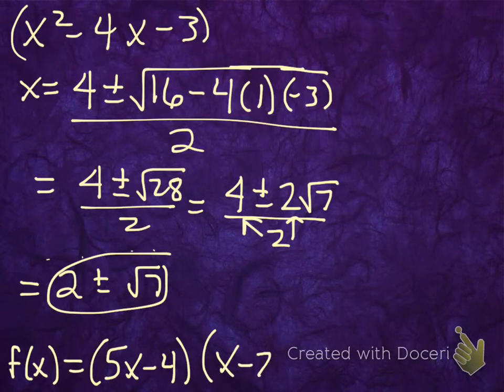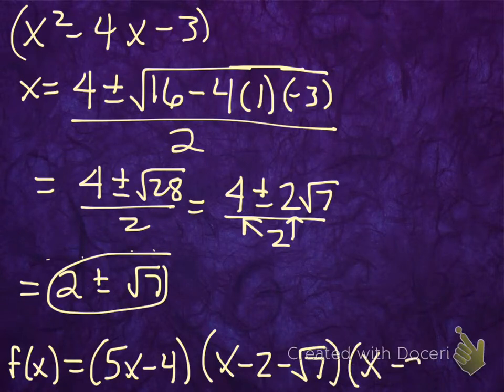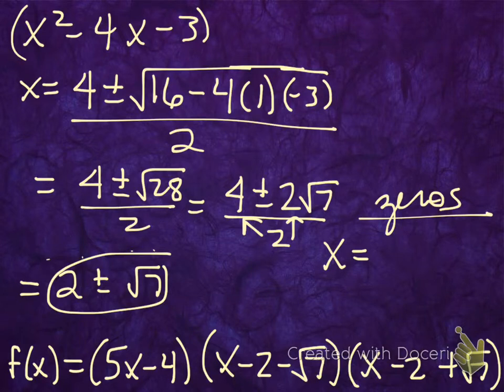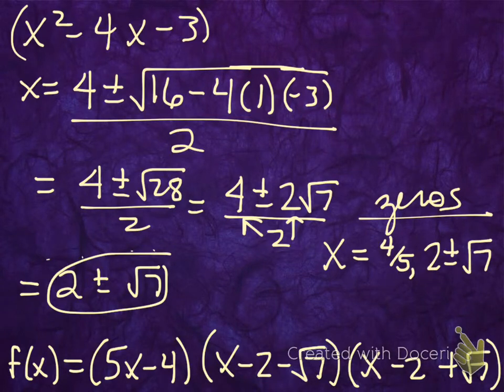So that's x minus 2 minus the square root of 7, and x minus 2 plus the square root of 7, because that would be minus minus square root of 7. So that's the linear factorization, and our zeros are x equals 4/5, that one we got for free, and then 2 plus or minus the square root of 7. And we are finished with number 7.